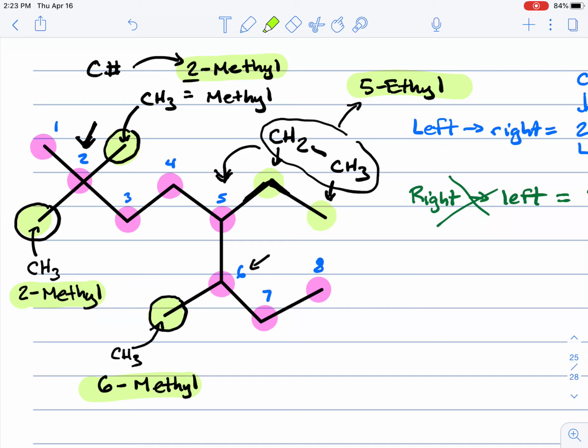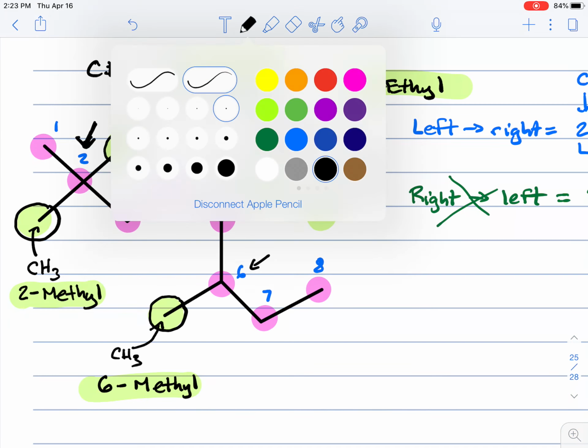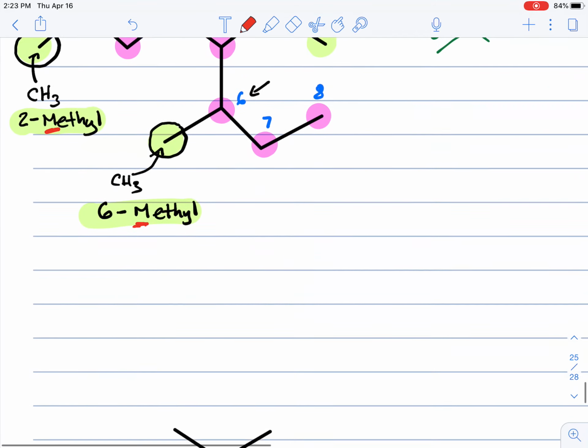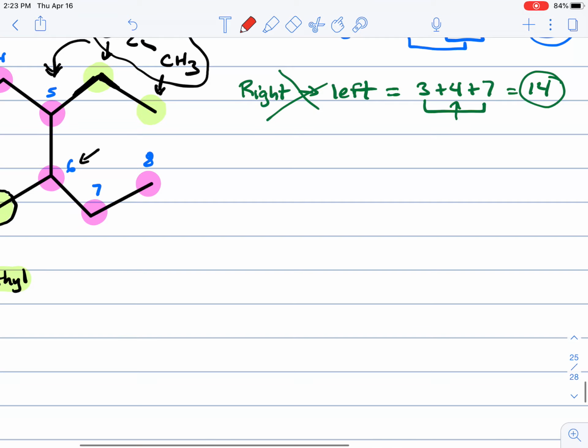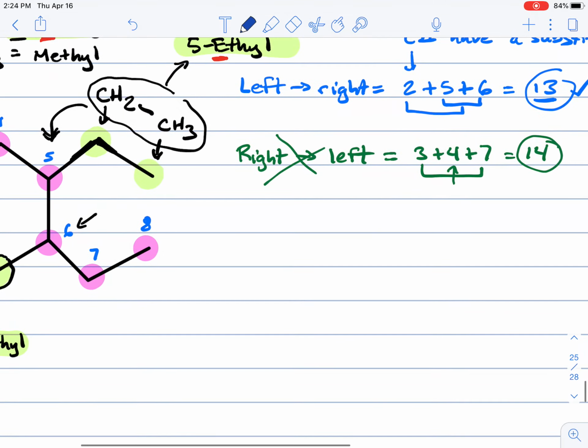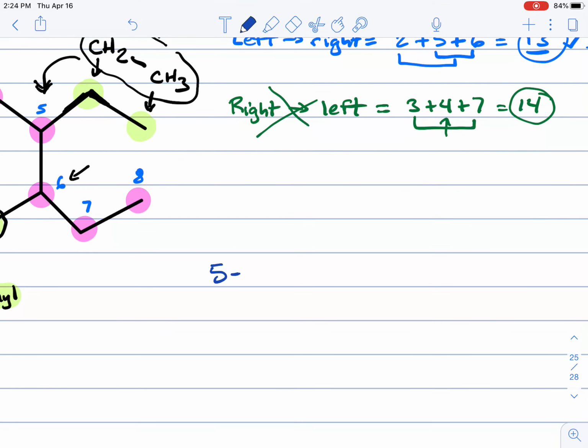Do not pay attention to the numbers because we're only doing it by alphabetical order. So let me see here. E, M, M, or M. Okay. And so if you said ethyl, then you're absolutely correct. And so we're going to go ahead and put down 5-ethyl.